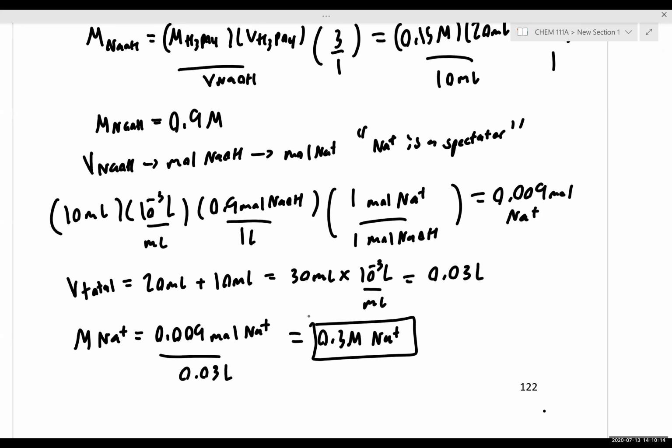Does this example make sense to everyone so far? Is everyone comfortable with this idea so far for these neutralization problems? These are staple acid-base neutralizations. You'll be doing a lot more of these neutralizations in later General Chemistry 2 courses.